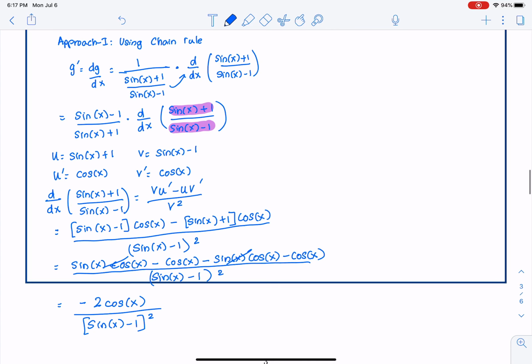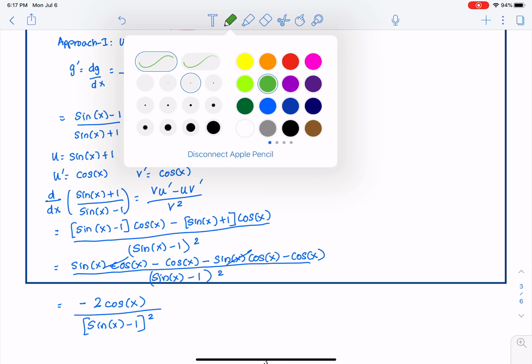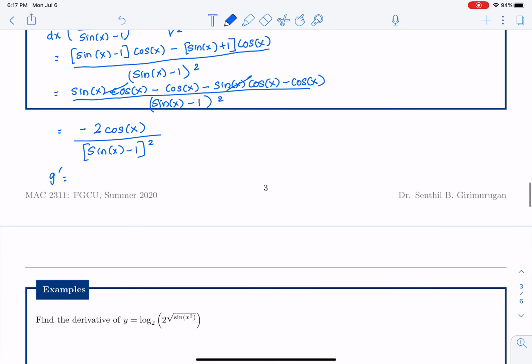We're not done yet. Now that is just the derivative part, which is right here. We have to find g prime. So let's go ahead and plug it back in. G prime would be equal to sine x minus 1 divided by sine x plus 1 times negative 2 cosine x divided by sine x minus 1 squared.